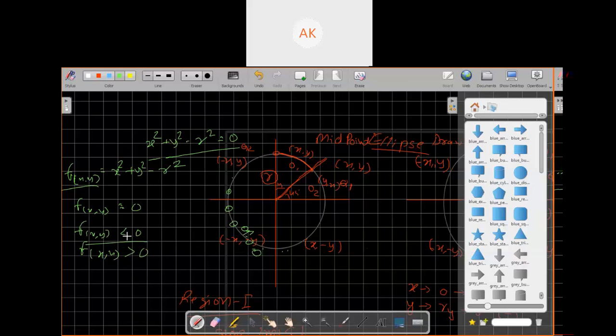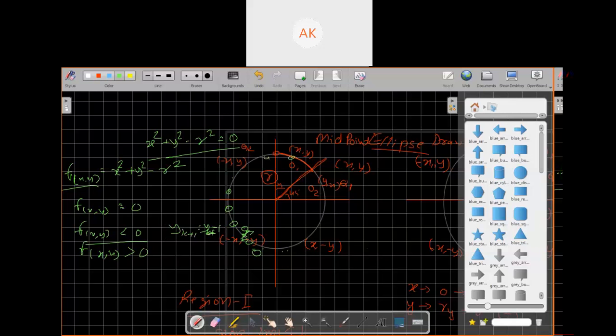So when your point is inside, it should shift toward the circle, meaning it moves outside. When your decision parameter is less than 0, we try to shift our point outward, so we calculate yk plus 1 equals yk minus 1.